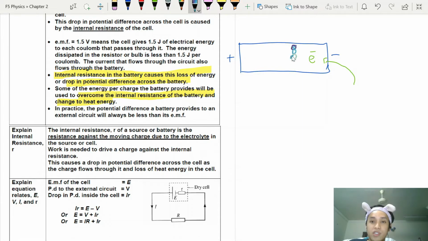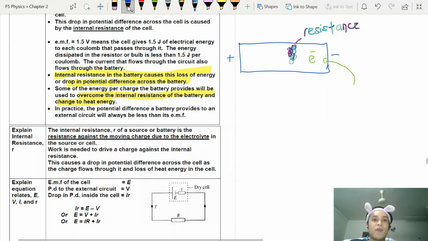You have resistance. Let me just write this as resistance. So in order for the electrons to overcome the resistance, they need to use more energy. So you need more energy.